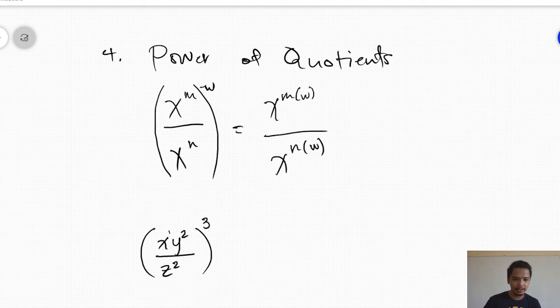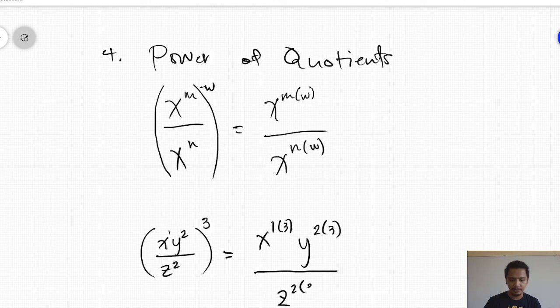So, huwag kakalimutan, ang x, kahit wala siyang nakasulat, meron yung 1. So, we'll have x raised to 1, multiply natin sa 3, then y raised to 2, multiply lang natin sa 3, and we'll have z raised to 2, multiply lang natin sa 3. So we'll have x cubed, y to the 6 over z raised to 6.